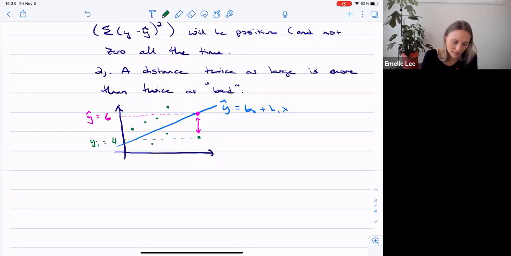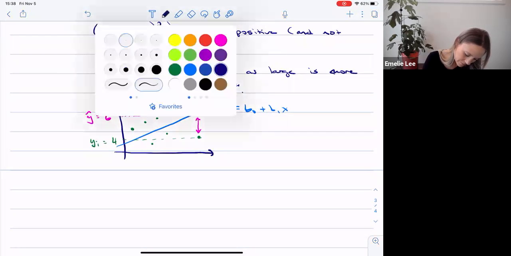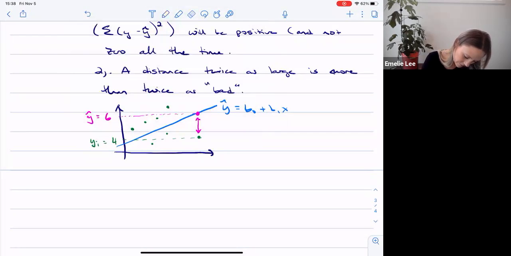So now you're going to get this negative distance. Yi minus y hat is called the residual or the error term.